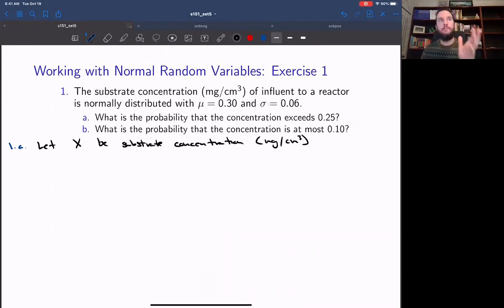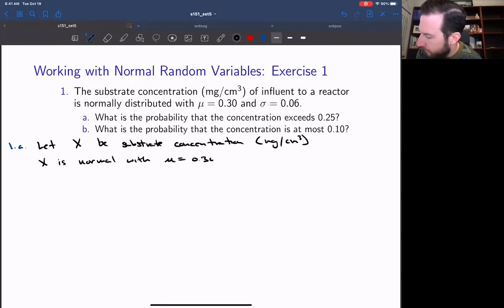All right, so our variable of interest is capital X, which is the substrate concentration. X is normal with mu equals 0.3 and sigma equals 0.06.